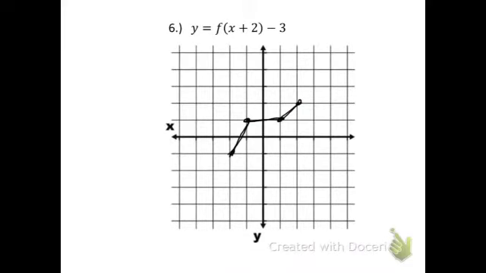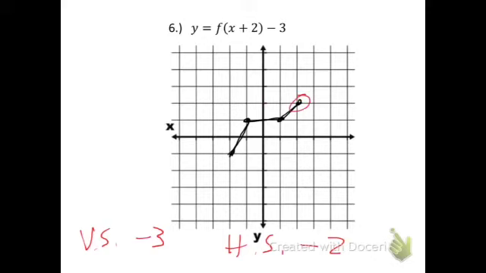Moving on to 6, this one's got 2, and it's a combination of the previous ones. It has a vertical shift of -3, but it's also got a horizontal shift of -2. Notice it's the opposite. Instead of +2, it's going to be -2 because it's inside there. So we need to move everything left 2 and down 3.